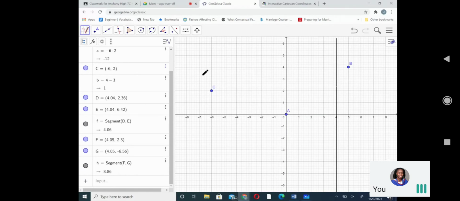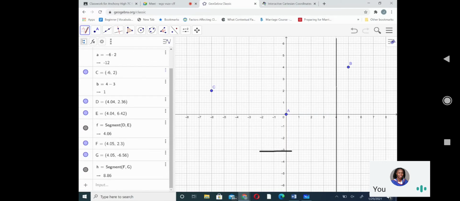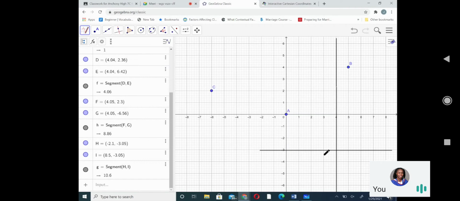It was -3. -3, right? So since our other coordinate was -3, we will find the line y equals -3, which would be this line. You know, it's the bold line. Again, forgive my freehand drawing. This one doesn't have a ruler function.